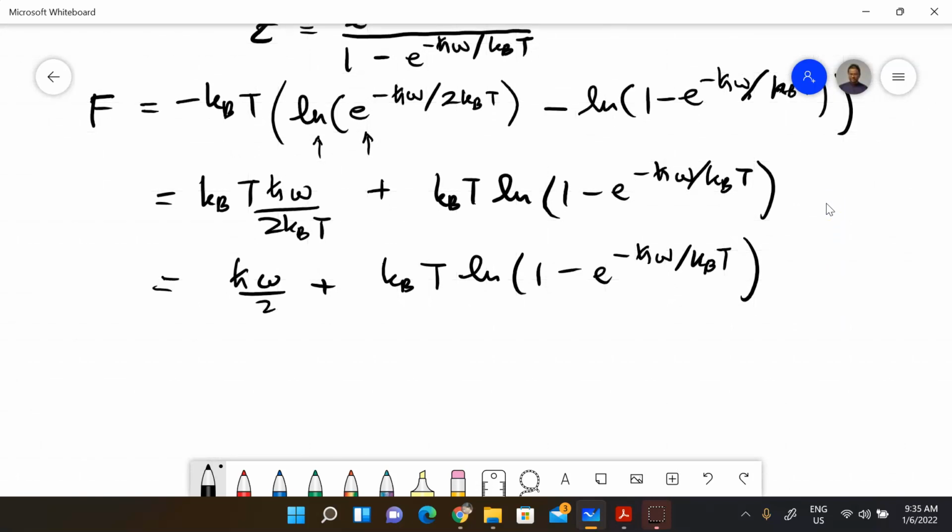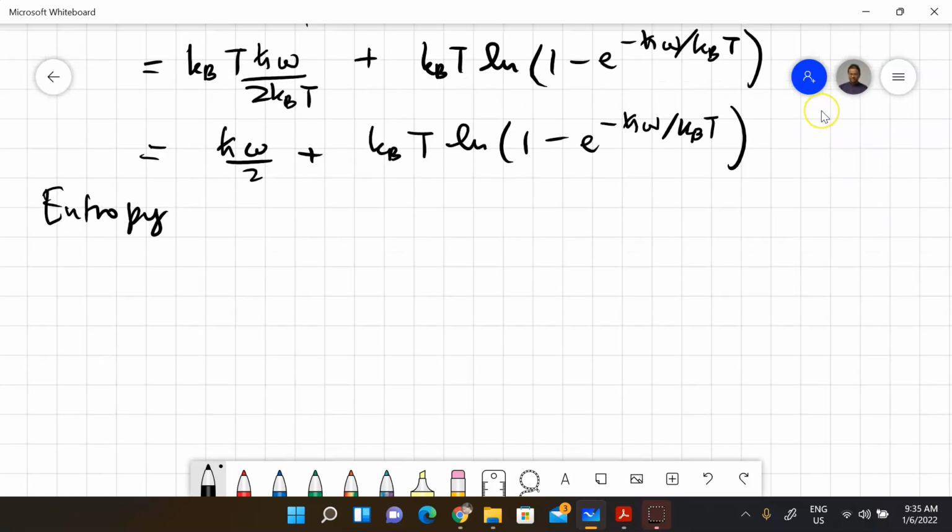So one needs to do, for the case of entropy, this is pretty lengthy. Do I want to do everything? Okay, now let's just write down everything so that you can see the working.